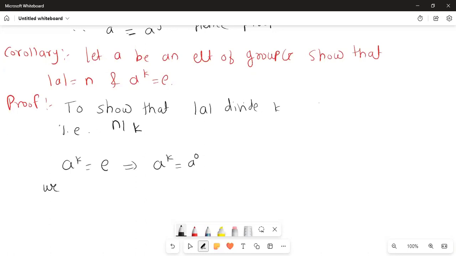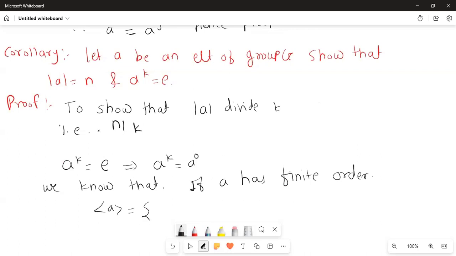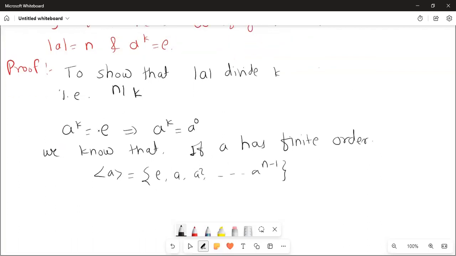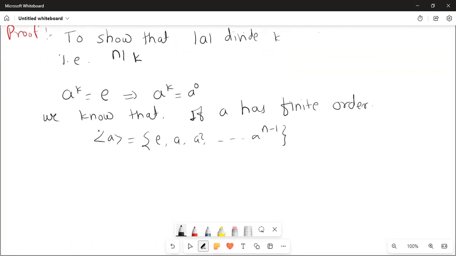And we know that if a has finite order, then the elements e, a, a squared, up to a raised to n minus 1 are generators. This we have seen in the theorem just now.